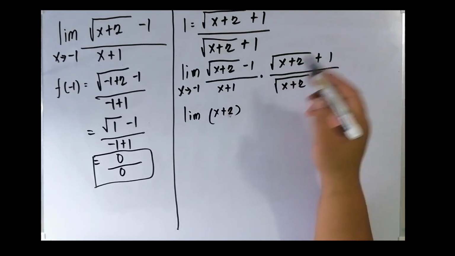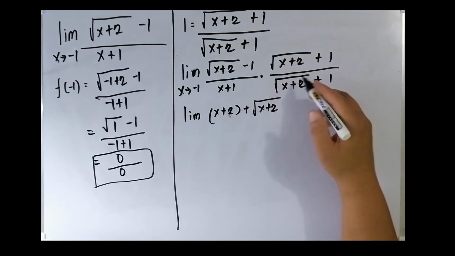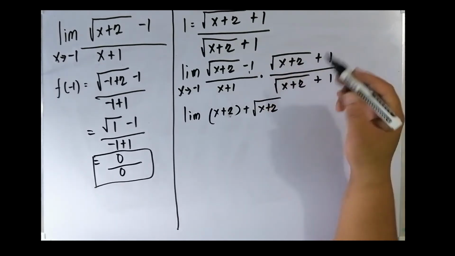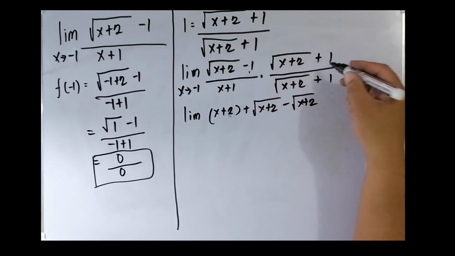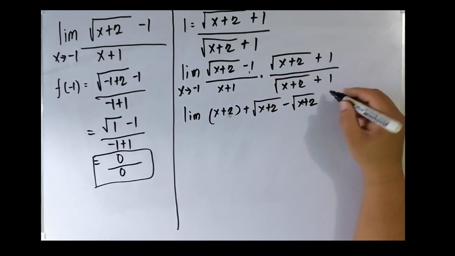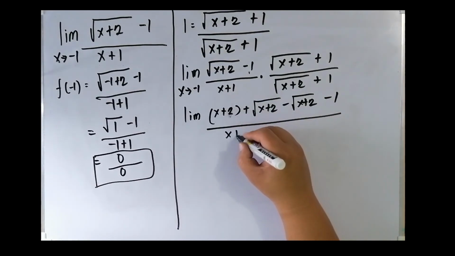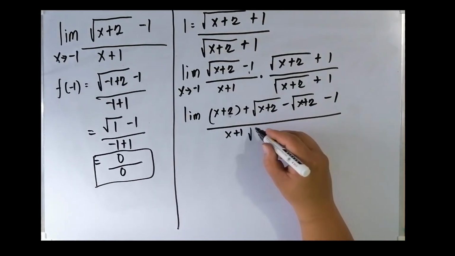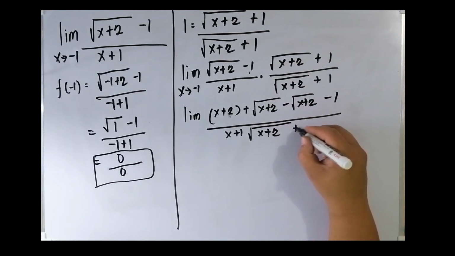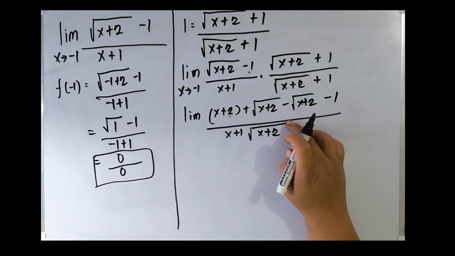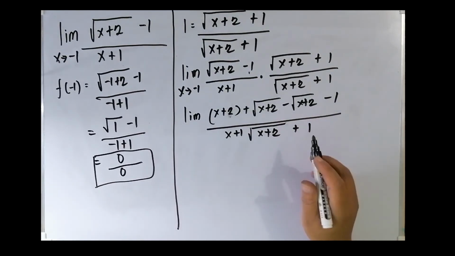Square root of x plus 2 times 1, of course, we have plus square root of x plus 2. So, negative 1 times square root of x plus 2 is negative square root of x plus 2. Negative 1 times positive 1 is negative 1. All over x plus 1 times square root of x plus 2 plus 1. Remember, class, nakalabas yung plus 1 natin. Hindi siya kasama sa radical sign.